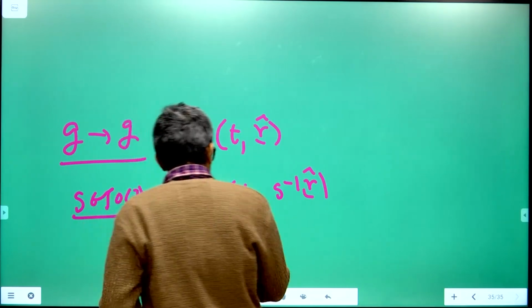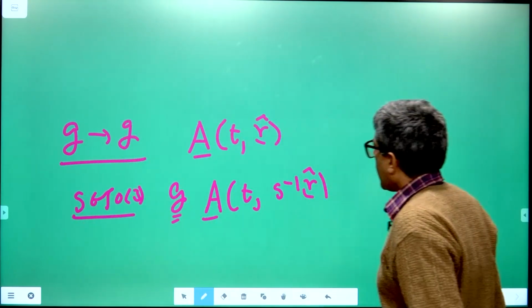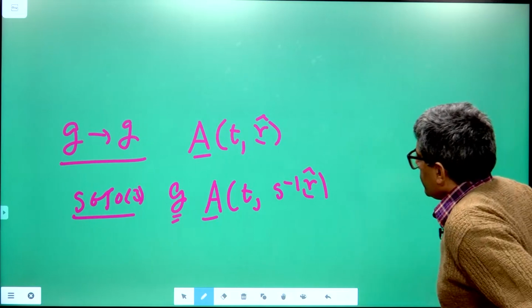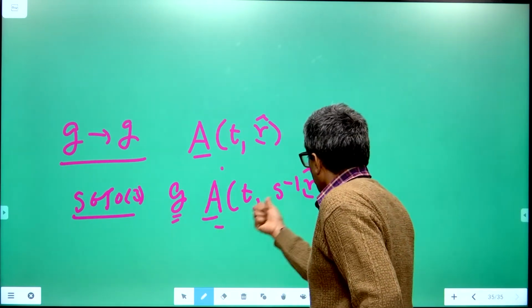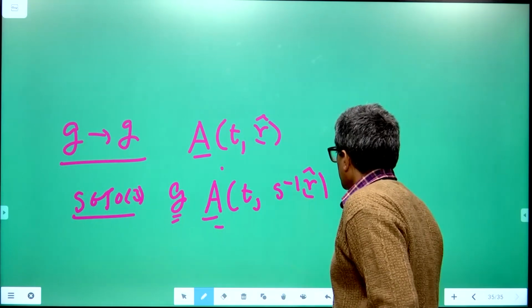So this becomes a tensor product of two representations acting on a function. G acts on the components of A, whereas G inverse here acts on the spatial variables.